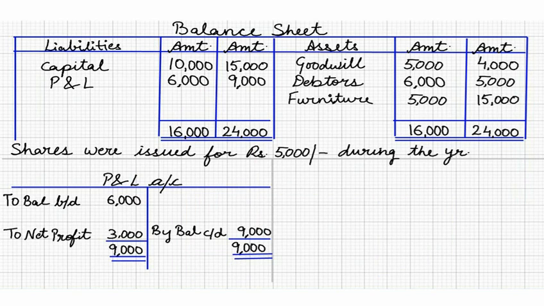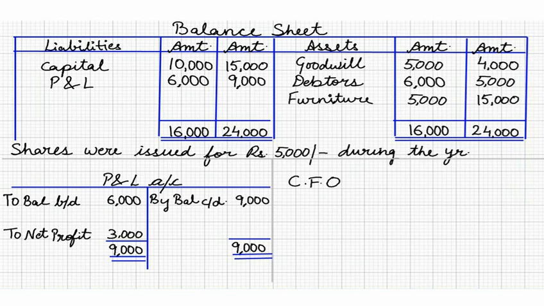Okay, let me prepare the cash flow statement. But before that, I have to calculate cash from operation. When we calculate the cash from operation, first of all, we have to write down net profit. Net profit was 3,000, because in this company the previous accumulated profit was 6,000 and now it is 9,000. So this company has made a profit of rupees 3,000.